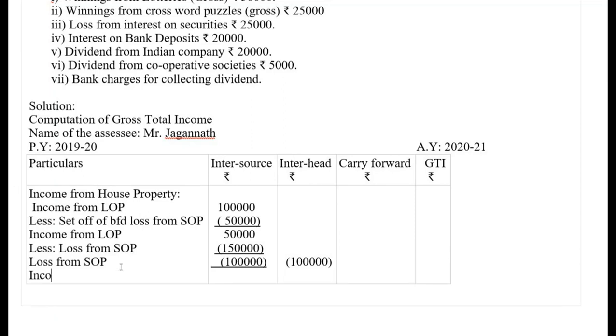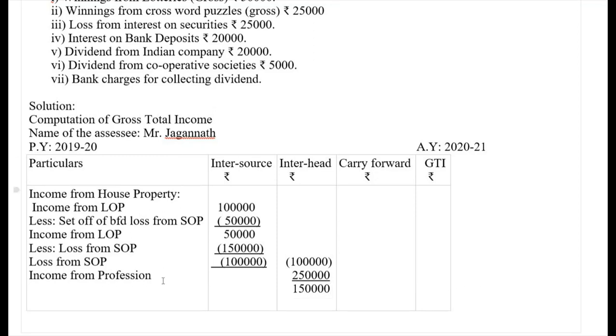Then the next one is income from business, and we are given profession here. It is given as rupees 2,50,000. So now minus 1 lakh plus 2,50,000, the difference here is 1,50,000.